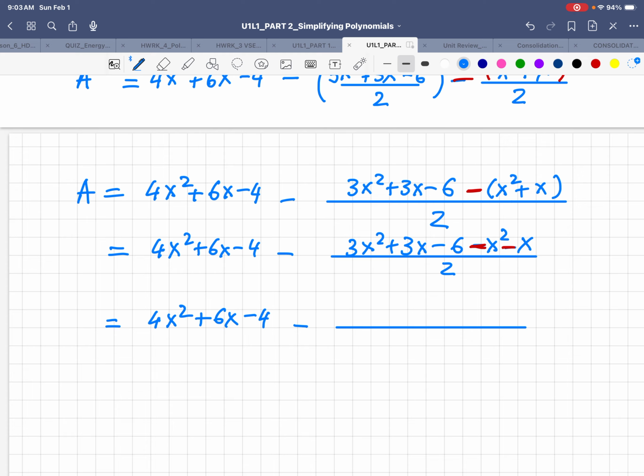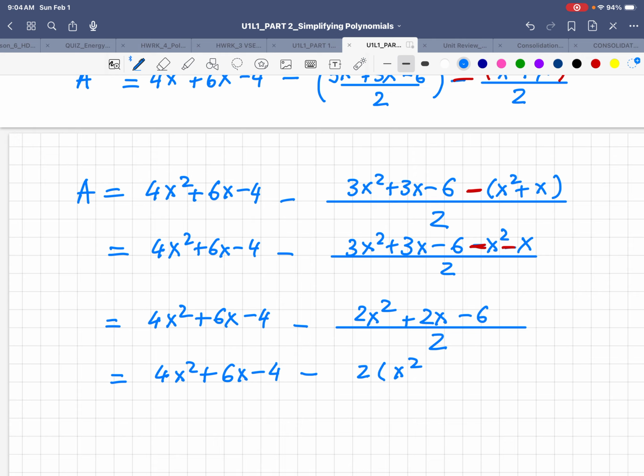And we'll have the like terms, 3x squared minus x squared, 2x squared. And then 3x minus x is positive 2x, and then minus 6 over 2. And I'm really happy that we got all these coefficients to be even numbers, because that will make it a lot easier to take out a common factor of 2.